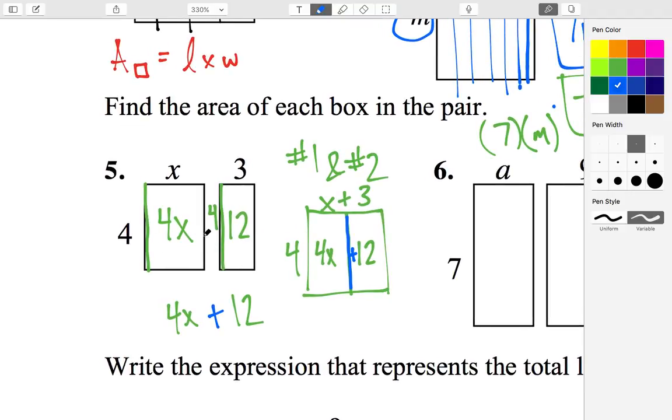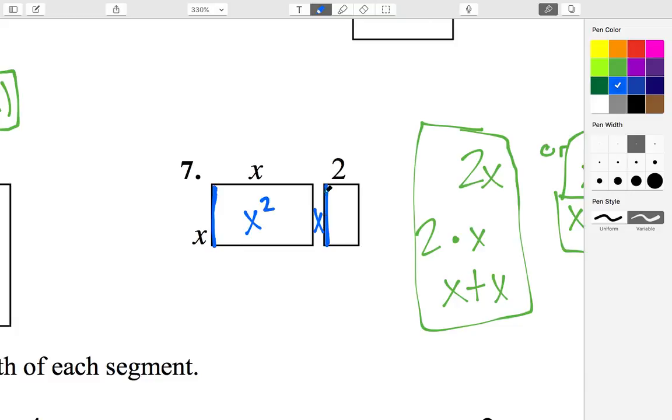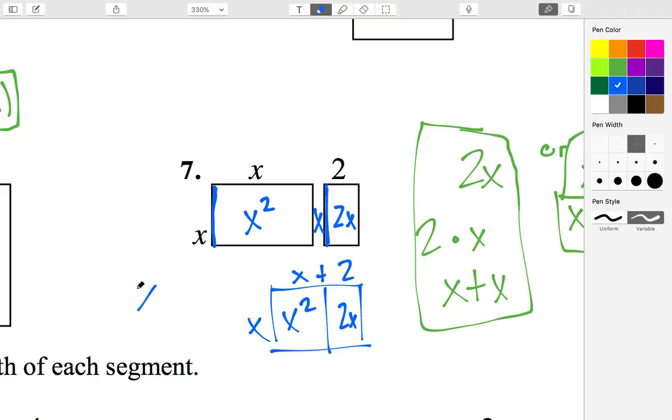This one was x and x because they're the same height. What is 2 times x? 2x. Now if I were to redraw this and glue it together, you do not have to do this. This is just to understand how to write these together. Gluing it together would mean that you are adding. So your answer should be x squared plus 2x.